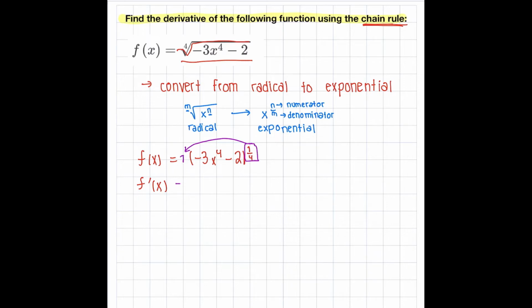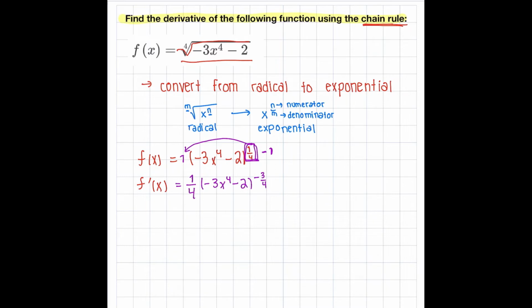So it would be equal to 1 over 4 into negative 3x to the power of 4 minus 2. Don't forget that when using the power rule, you have to subtract 1 from the exponent. So 1 over 4 minus 1 is equal to negative 3 over 4.